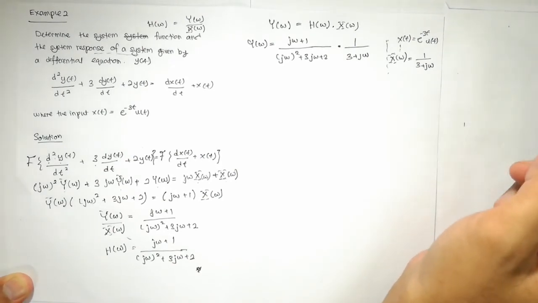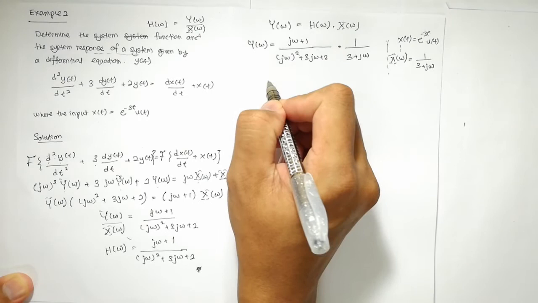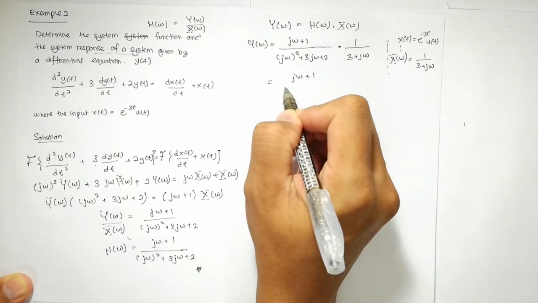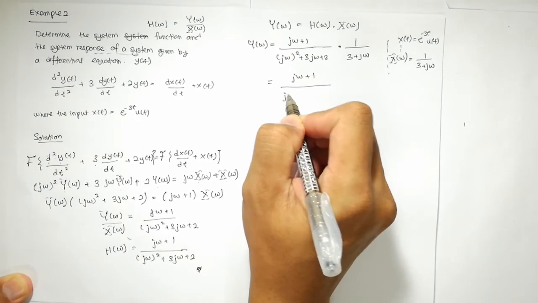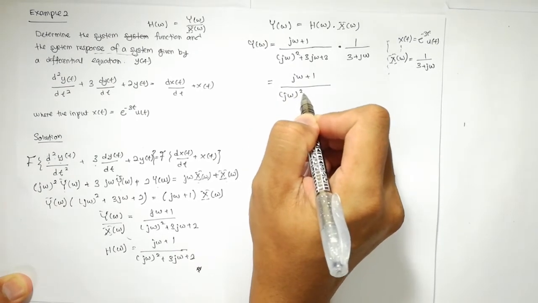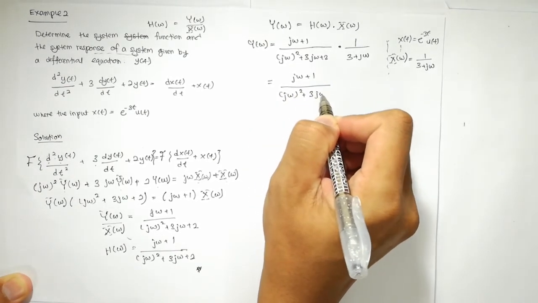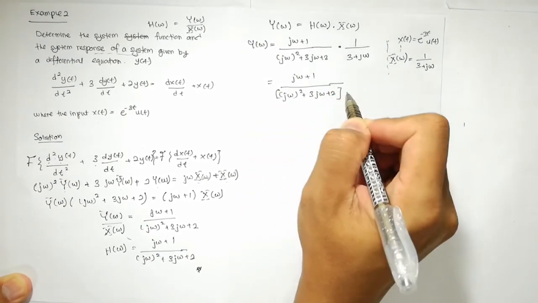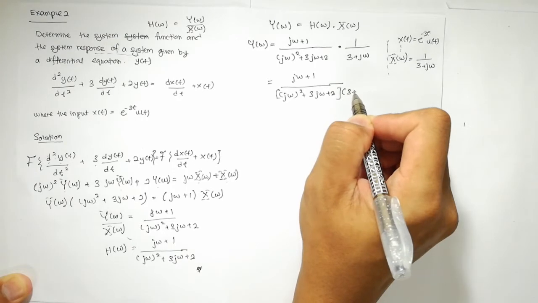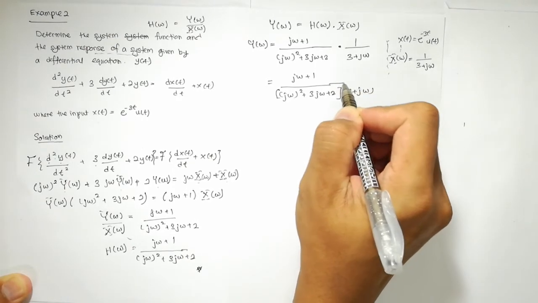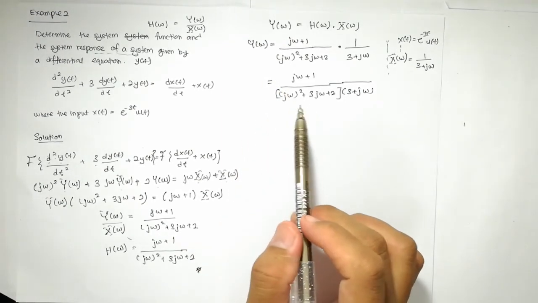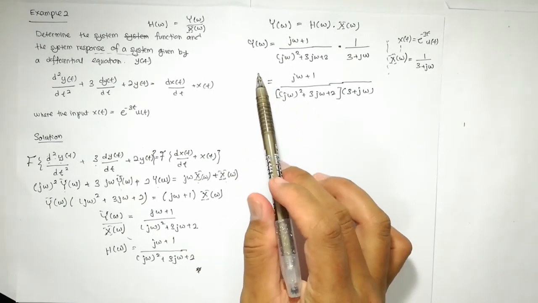So this will be equal to (jω + 1) divided by ((jω)² + 3jω + 2), and then we multiply this with 1 over (3 + jω). So the next one is to find what is our y(t), because we have our Y(ω).